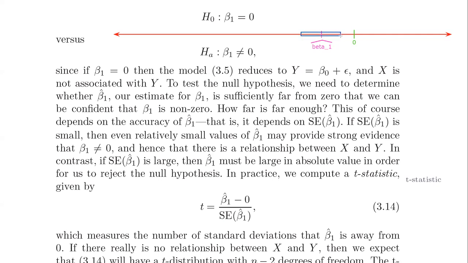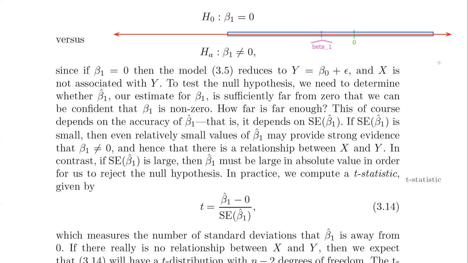And that confidence interval might be like this, which means even if, in an extreme scenario, the true beta 1 is actually here, it's still negative. On the other hand, you could end up with a situation where this is your confidence interval. Now it includes 0.